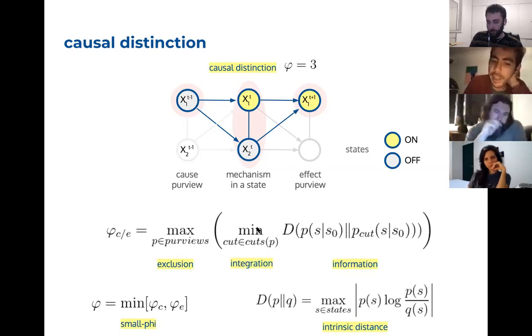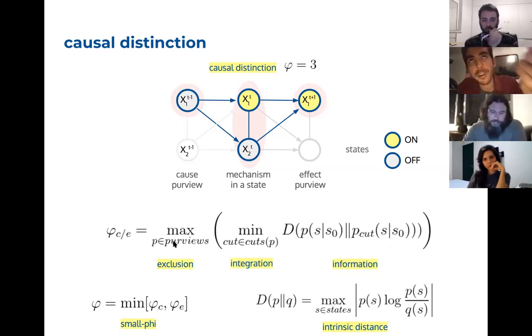If you find any cut where this is zero, any cut that doesn't make a difference, then this difference collapses to zero, and then you lose all information you had. Furthermore, although you want to find an irreducible difference, you want to maximize over which units you have your effects and causes. So you also search over everything that you could produce an effect on.